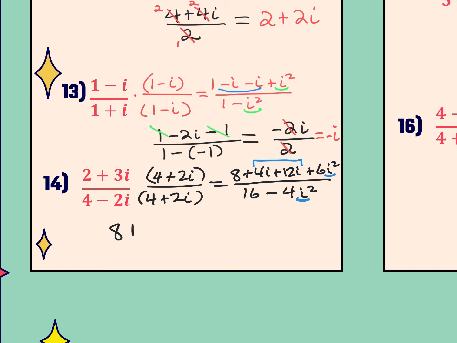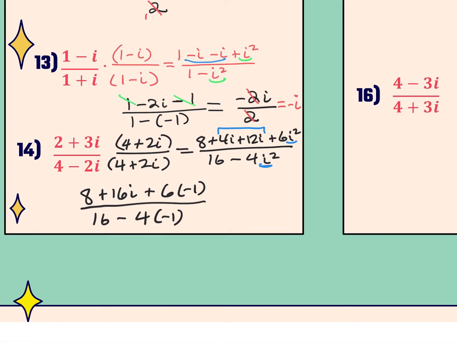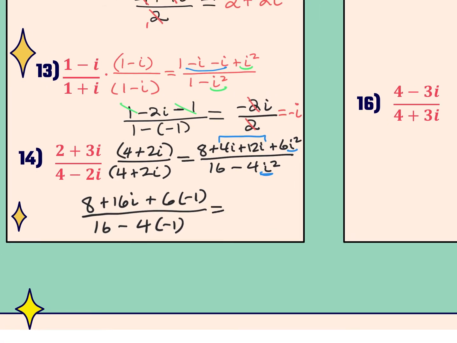So 8 plus 16i plus 6 times -1 over 16 minus 4 times -1. So now I get 8 plus 16i minus 6 over 16 plus 4.